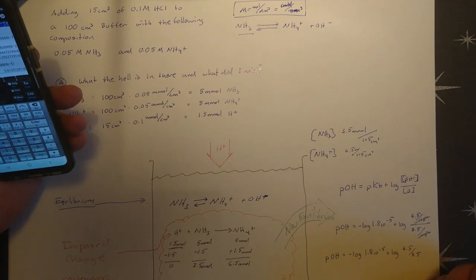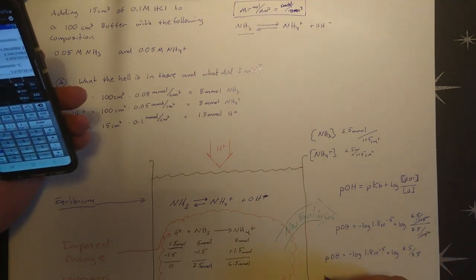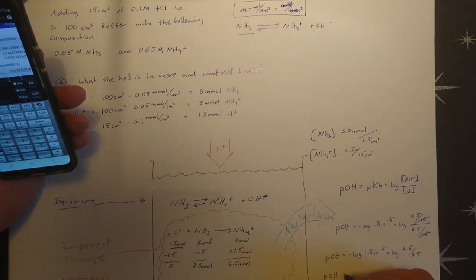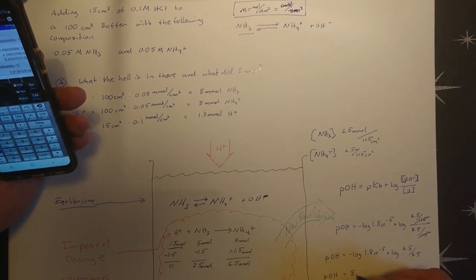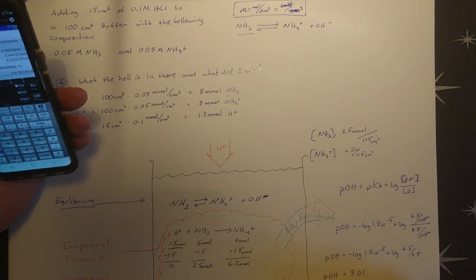So if you do that calculation then, you find that the pOH is equal to 5.01 plus some change, but it rounds to 5.01.